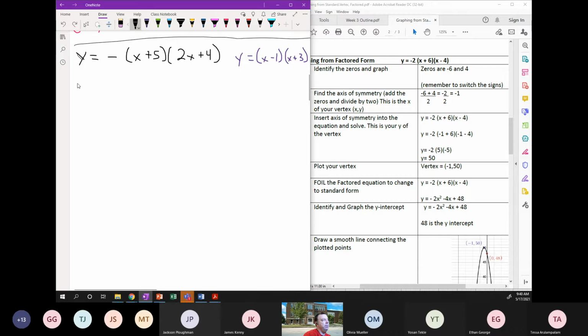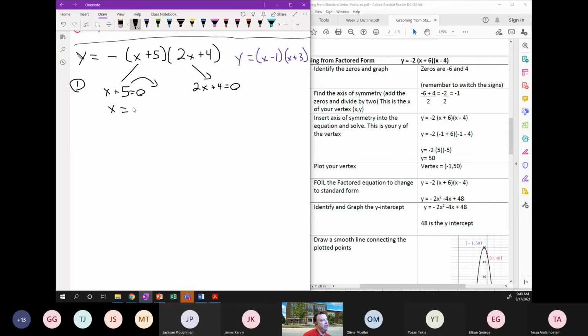So for step 1, what I'm going to do here is pull these out and make them equal to 0. So x plus 5 equals 0, and 2x plus 4 equals 0. Then we want to solve for x. In this case, we're going to move this one over.